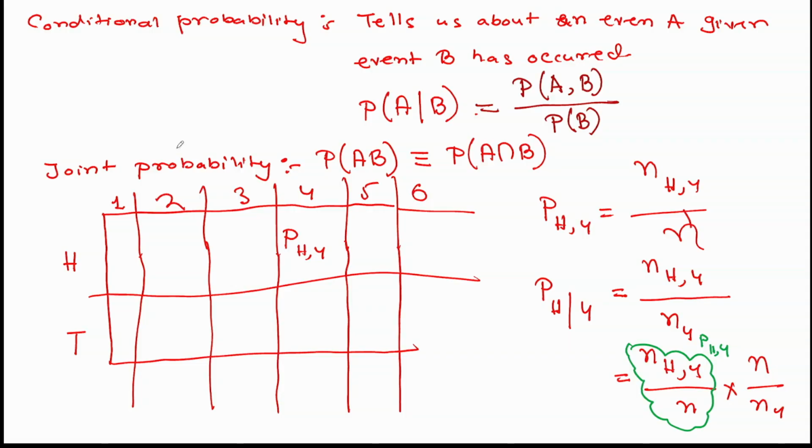Clear? Or do you want me to repeat? Okay. Let us take this example. I said it is 1 by 12, 1 by 12, 1 by 12, right. So, suppose I know that this is P1H, this is P5H, and I know all of this.